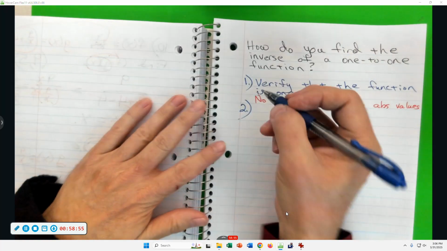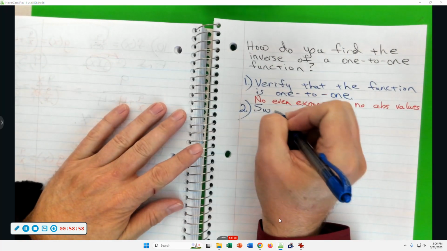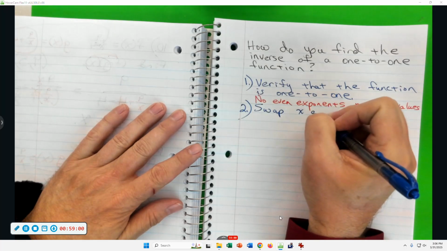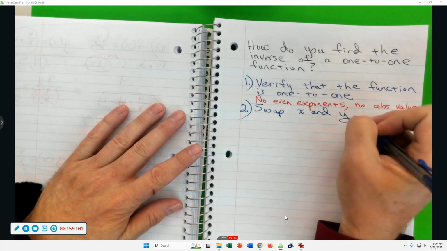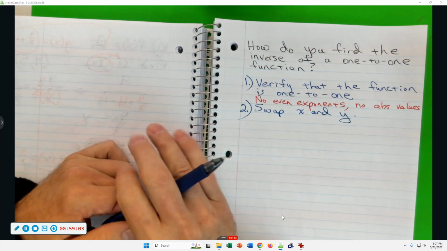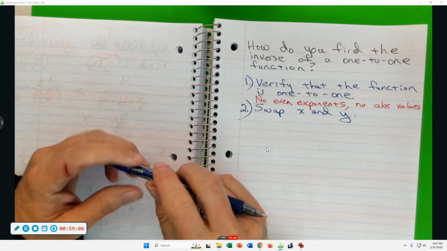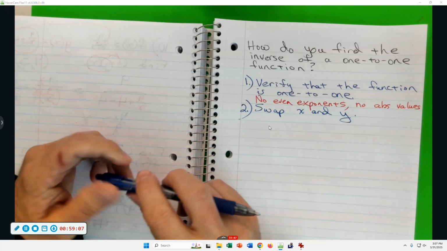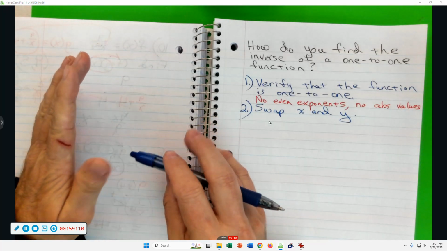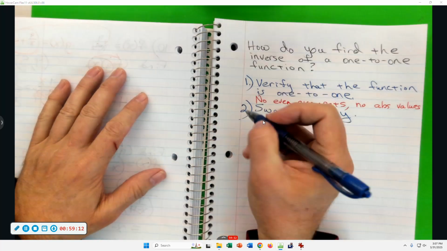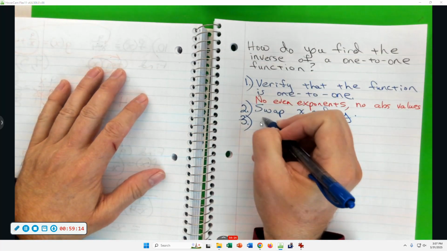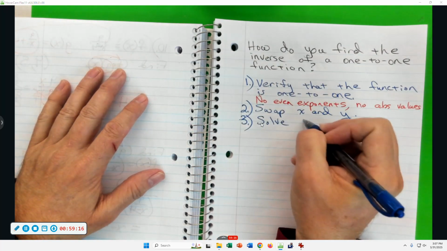I think I'll say it like that. Swap x and y. Literally, the variable. Swap the variables x and y. At that point, you have a formula that's a form of the inverse, but it's not written as a function. So the third step, you'll have to solve for y.